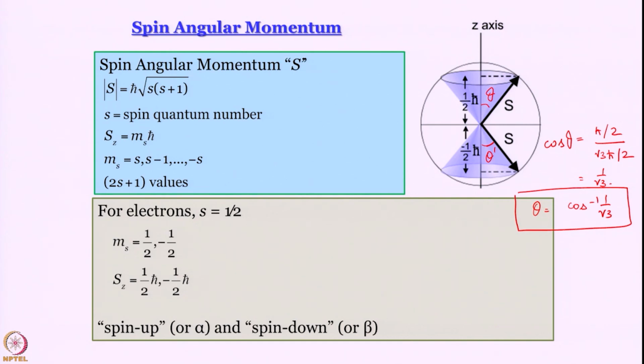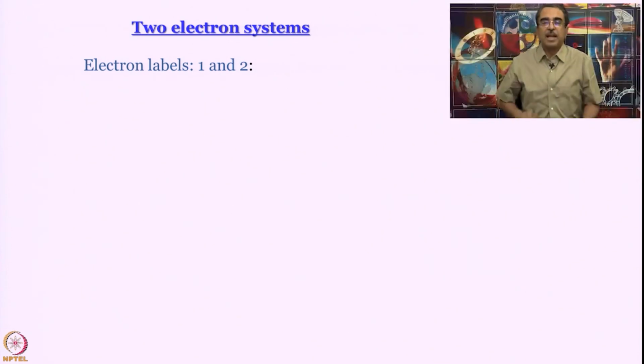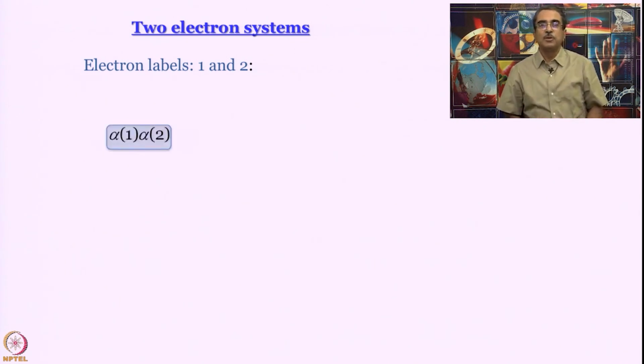We just call them alpha and beta, and that is what we work with, spin. Why are we saying all this? Because we are dealing with a 2 electron system, and in 2 electron system we have used these electron labels 1 and 2, right. So, suppose both the electrons have up spin and this is experimentally determinable, then the spin wave function would be alpha 1 alpha 2, no problem with that.